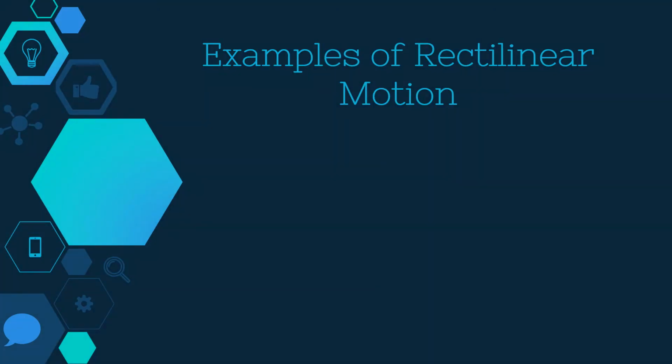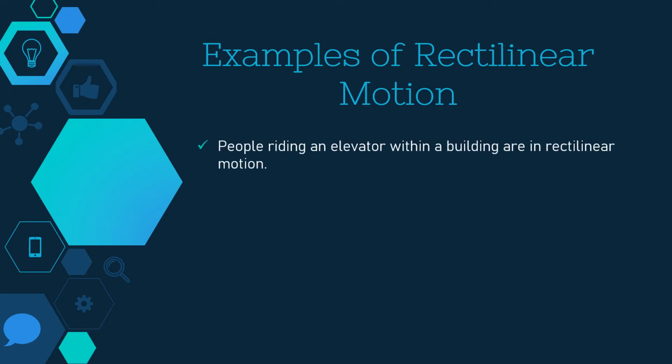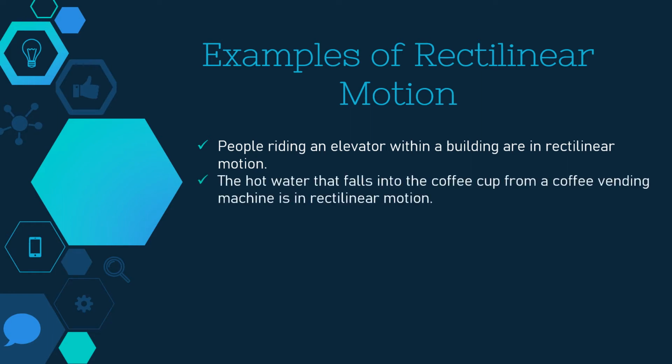Next, what are the examples of rectilinear motion, or the motion that travels in a straight line? First, people riding an elevator within a building are in a rectilinear motion. If we're going to analyze the movement of the elevator, it's either moving up or down. Next one, the hot water that falls into the coffee cup from a coffee vending machine is a rectilinear motion.